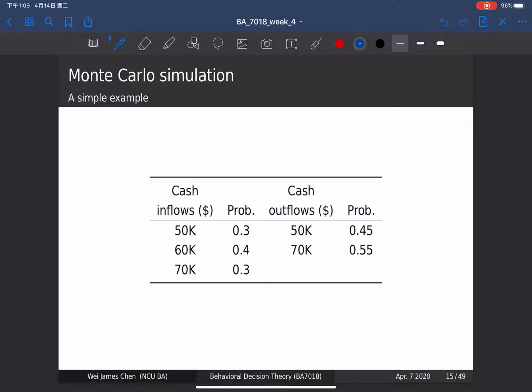Who knows what Monte Carlo simulation is? Can you raise your hand? Yes, one. Only one? I believe there are more, but okay. So there are many different ways of simulation.